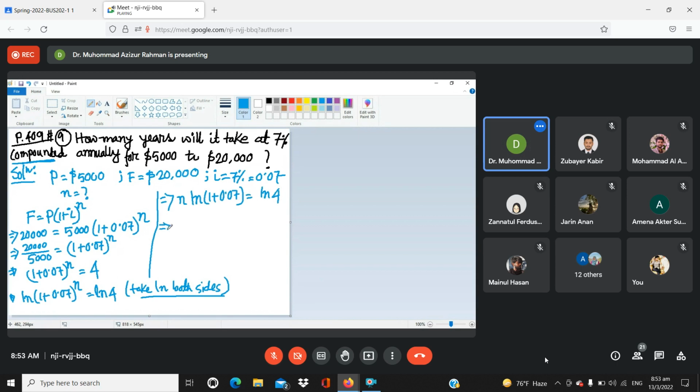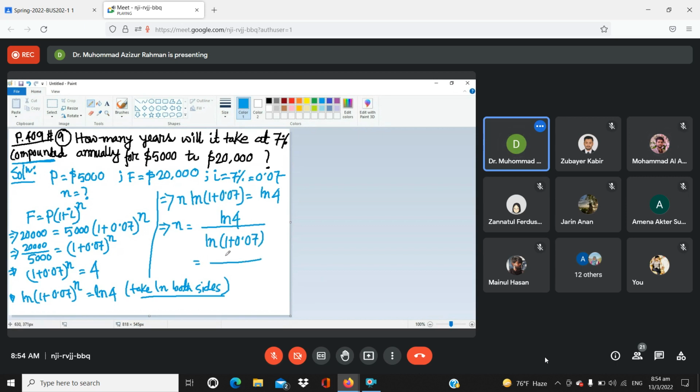So what is the value of n? n equals ln 4 divided by ln(1 + 0.07). What is the value here?